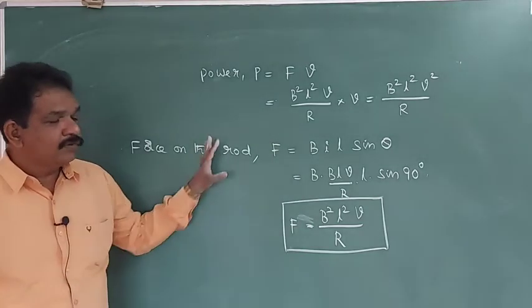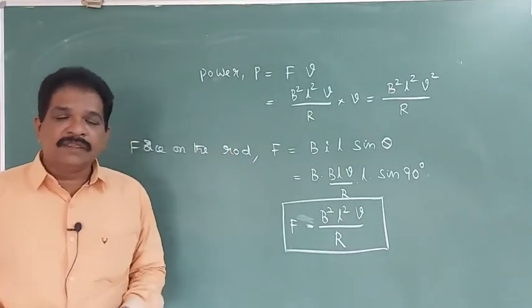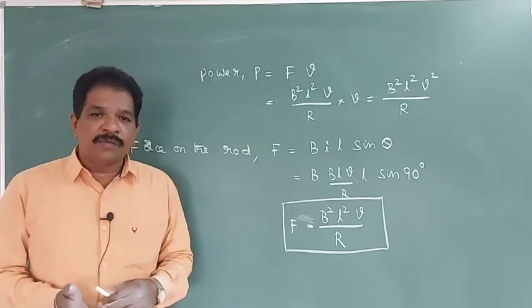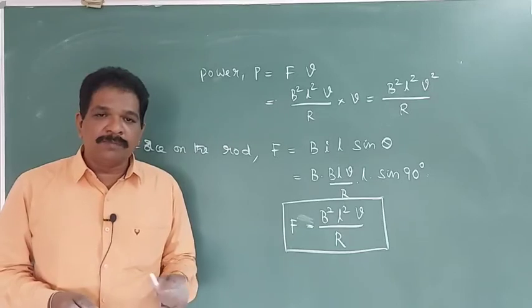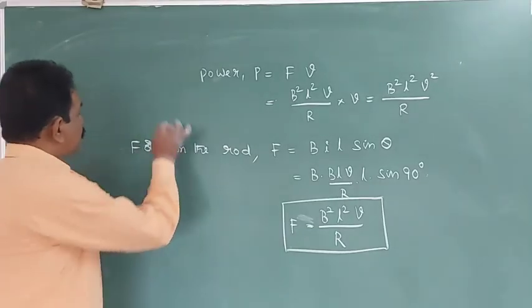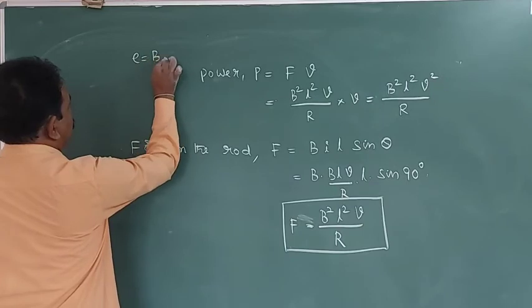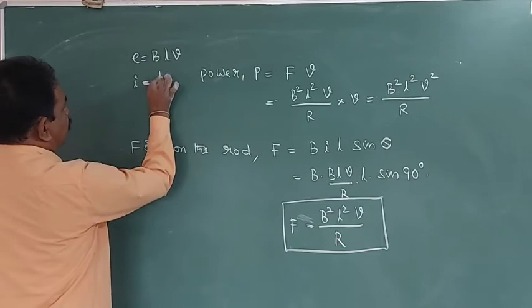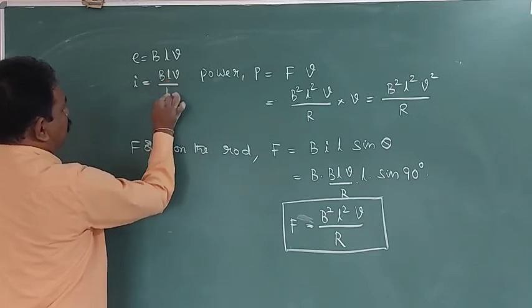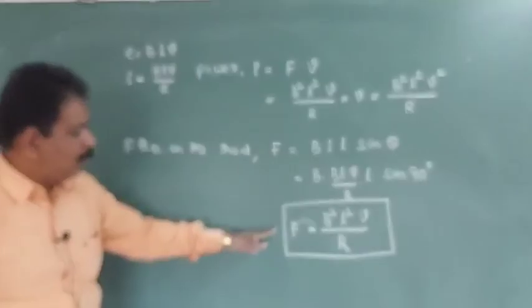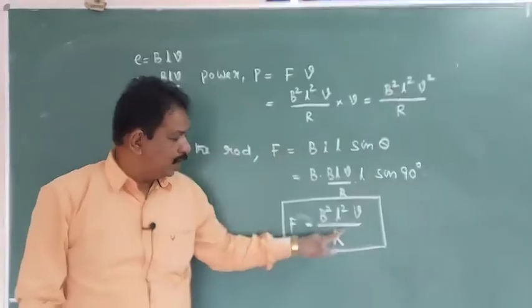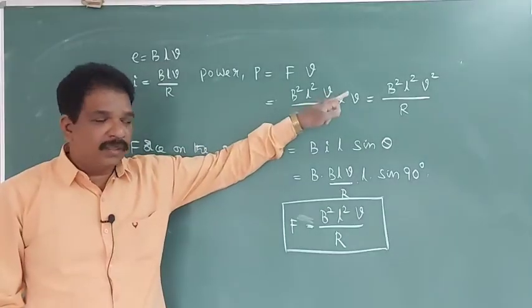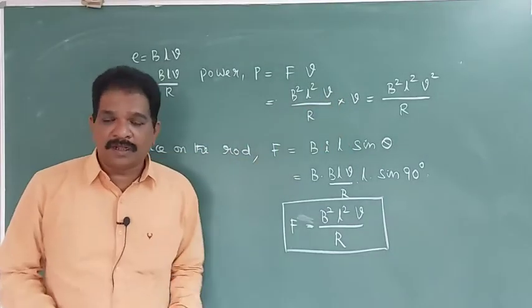Understanding? So, what we discussed in the class up to now: motional EMF formula, E is equal to BLV. Induced current formula, BLV by R. Force formula, B square L square V by R. Power formula, B square L square V square by R.